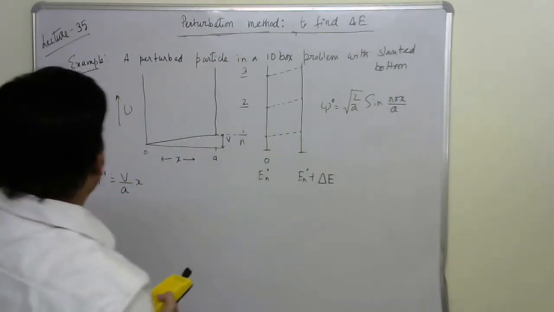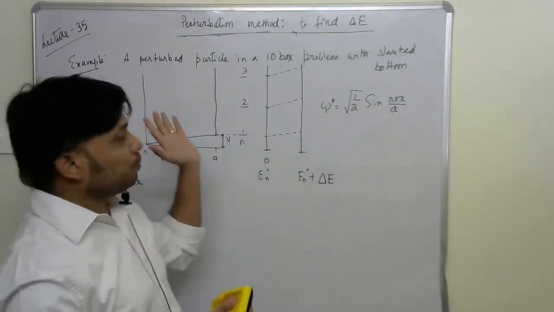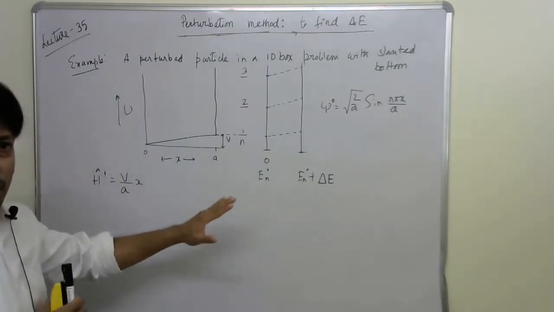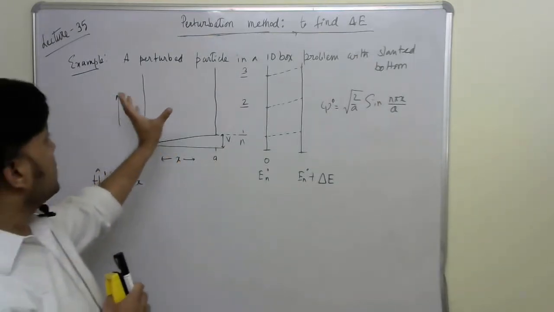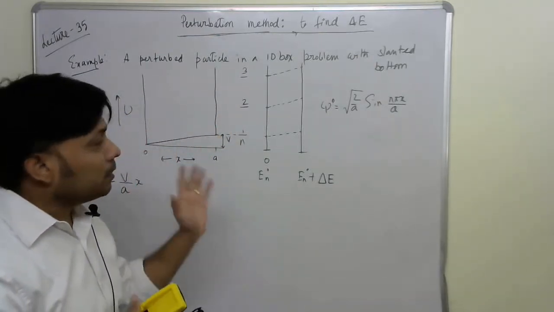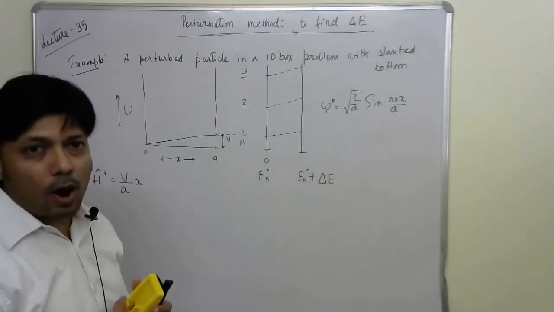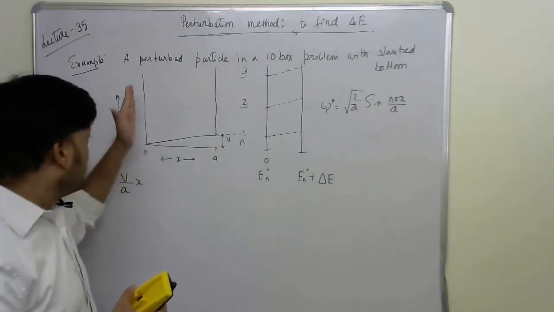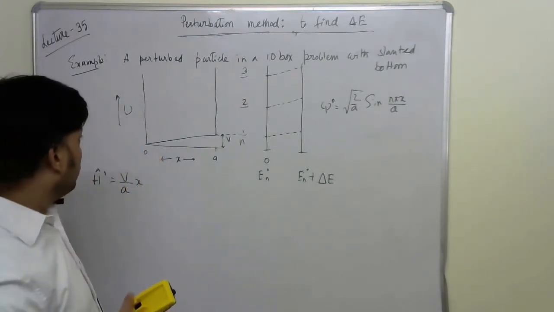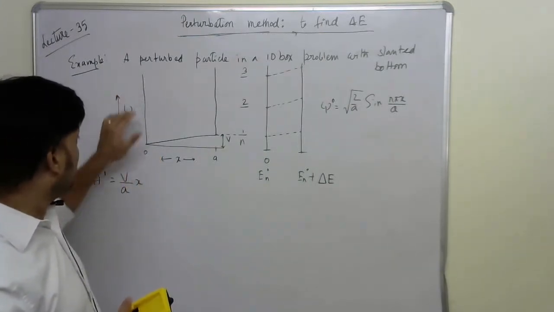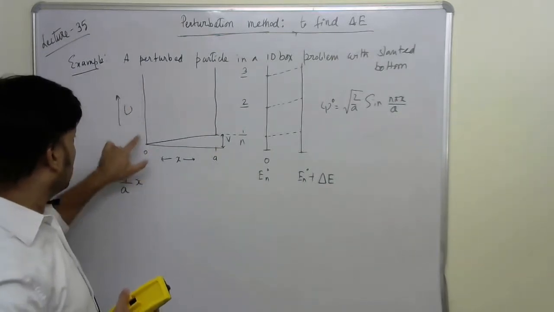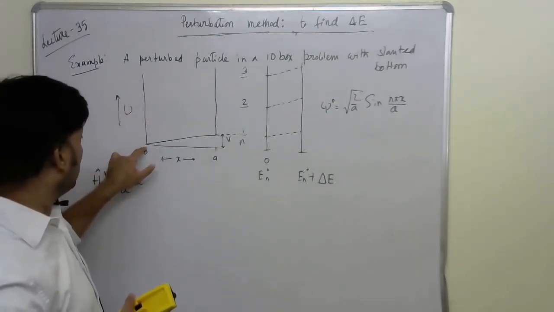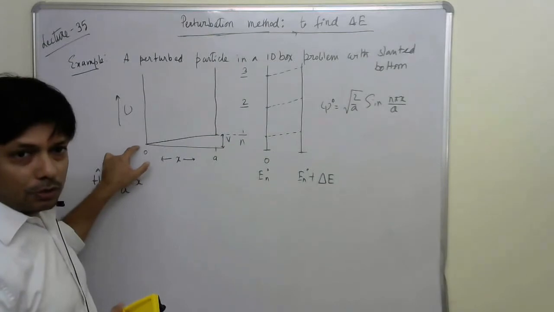This is one example of how this perturbation theorem is actually applied. This is an imaginary system of a perturbed free particle in a 1D box. On one side of the boundary, the wave function psi vanishes, right here when x is equal to 0.